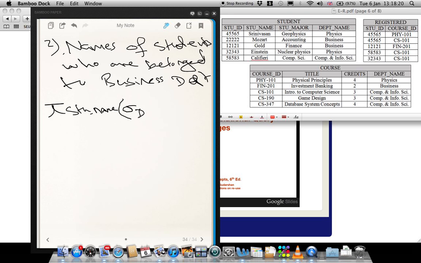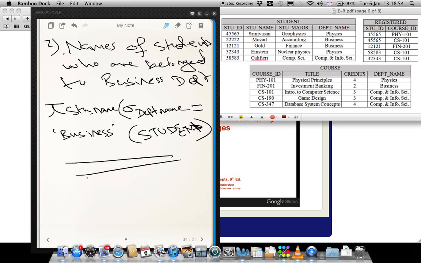This time we look at the department, and the department name should equal business. Simple as that. Again, all this work is in the student table.